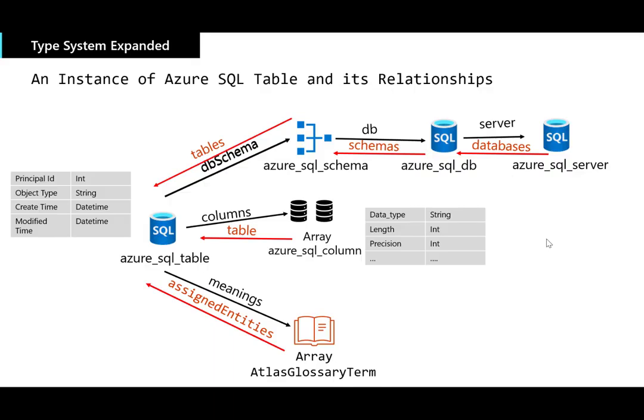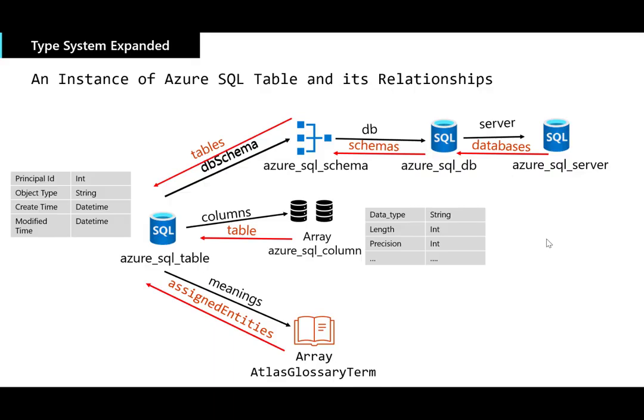In addition to that, we are going to have not just attributes, but relationship attributes. And that's what you see pretty much everything to the right is. We have an Azure SQL Table, which of course will have columns. And this columns is a relationship attribute. We'll see a lot more about this later on in the presentation, but a relationship attribute is essentially a pointer to one or many additional assets in your Azure Purview data catalog.